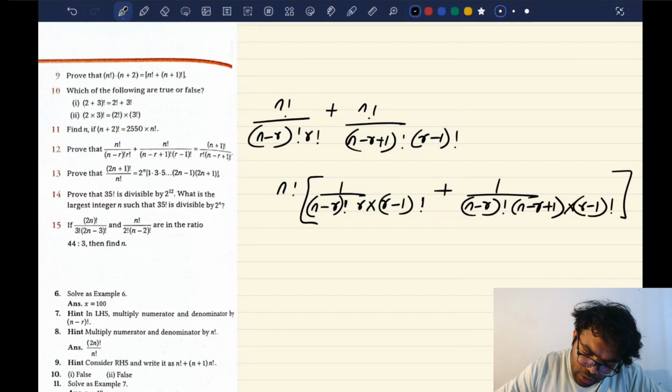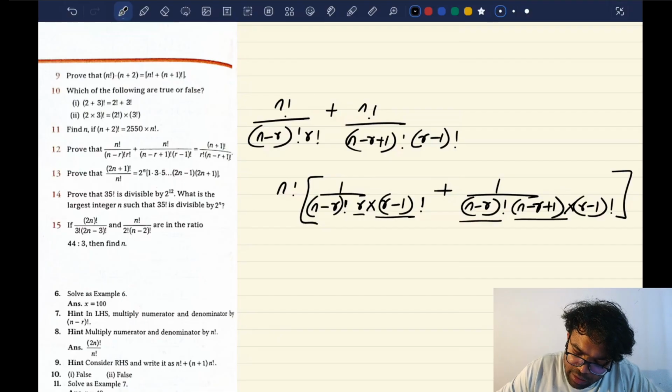So I wrote n minus r factorial just like that, but r factorial I wrote r into r minus 1 factorial, and n minus r plus 1 factorial I wrote it as n minus r factorial into n minus r plus 1 into r minus 1 factorial.